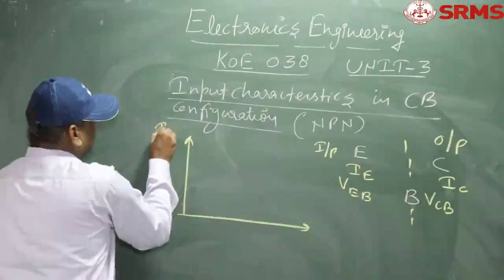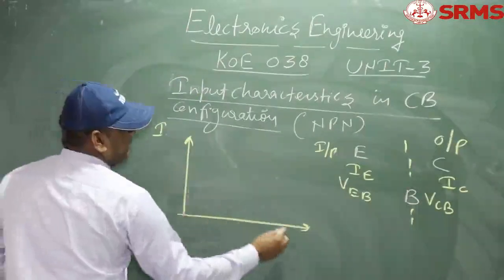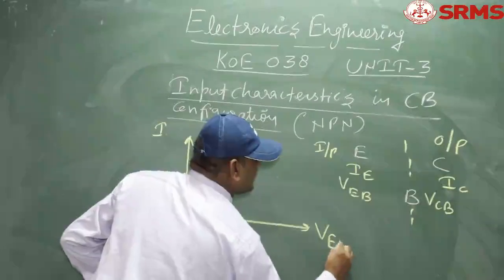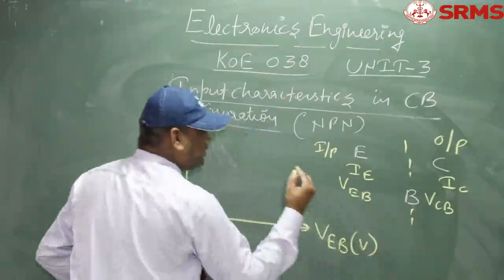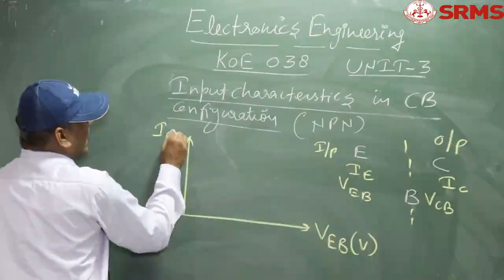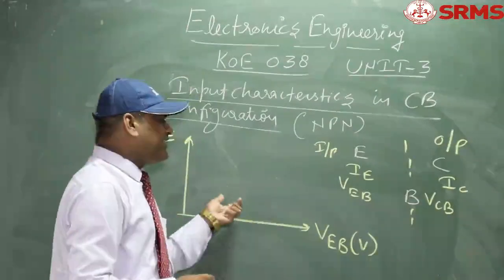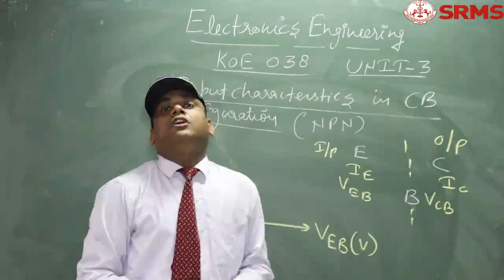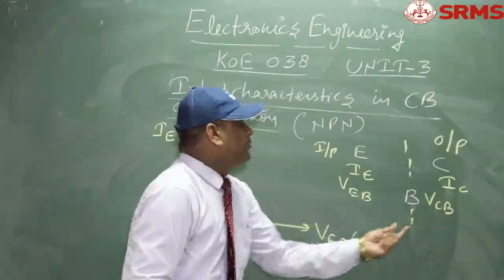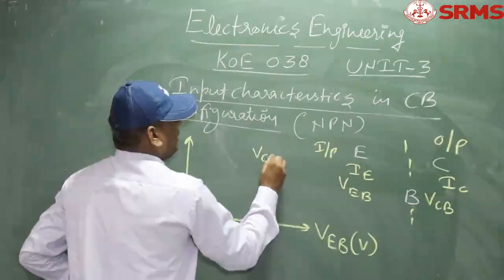So here, this is input voltage on this axis VEB in volt, and the input current is IE, and this characteristic is plotted for the given value of output voltage, and the output voltage is known as VCB.